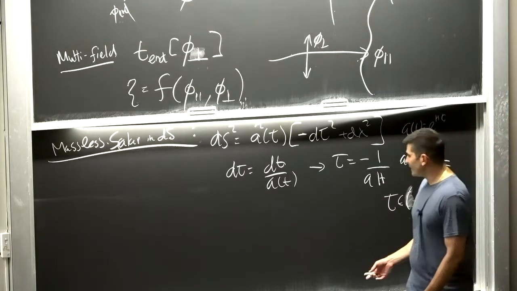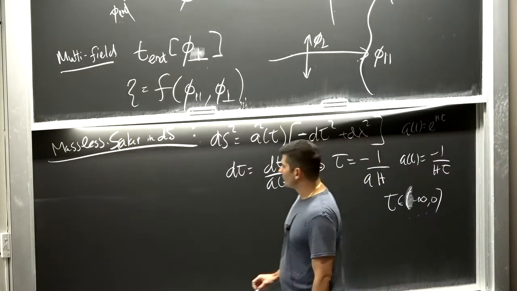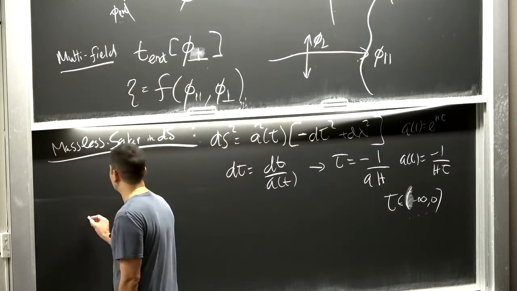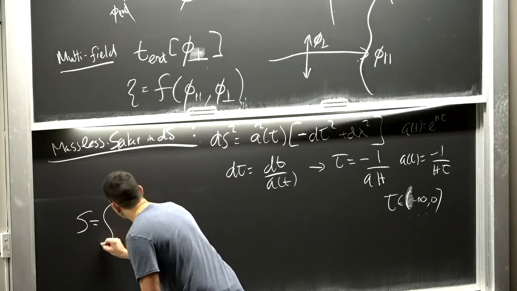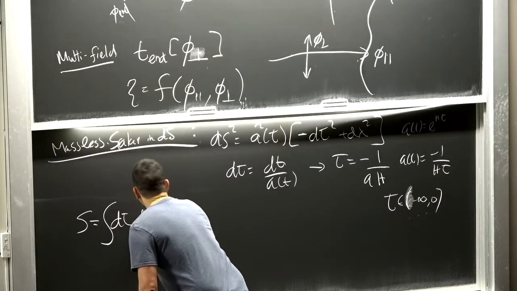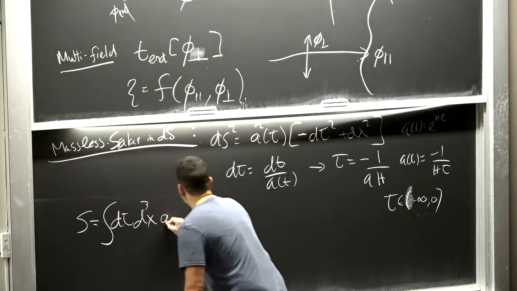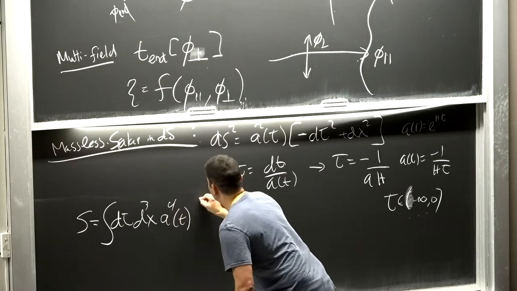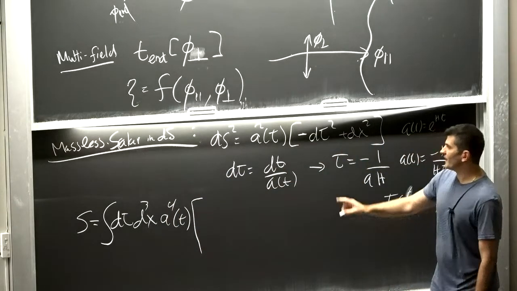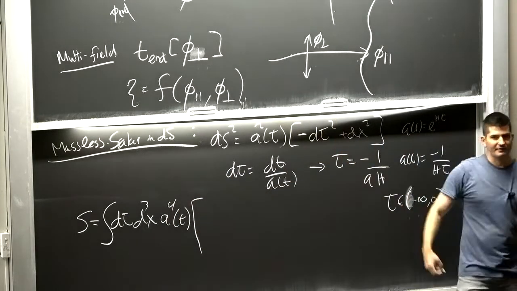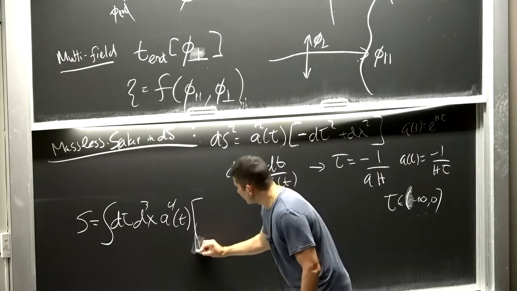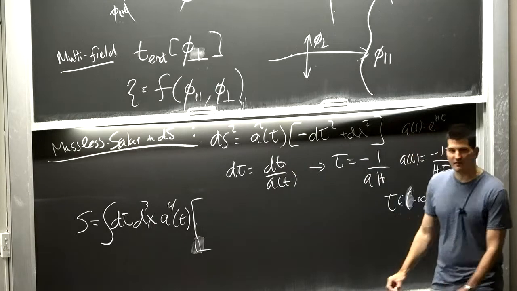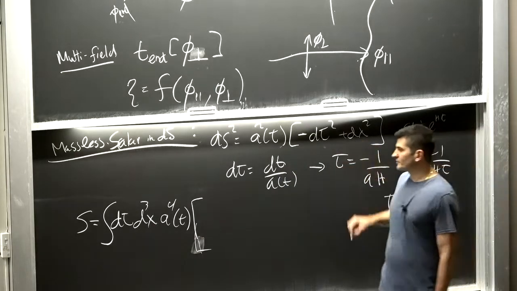OK, so the reason I've done that is just that in these variables, the action becomes easier, and the equations of motion in particular become easier. So a massless scalar has action. So this is the measure. There's an a to the 4th because there's an a in front of everything, not just an a cubed. But now remember, my derivatives also have to be written in terms of derivatives of x and derivatives of τ.